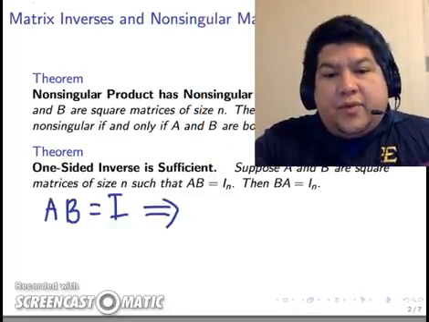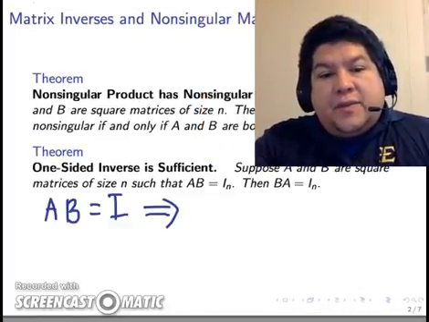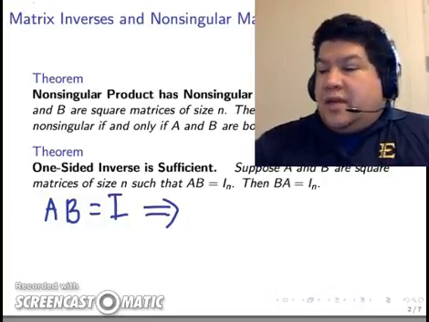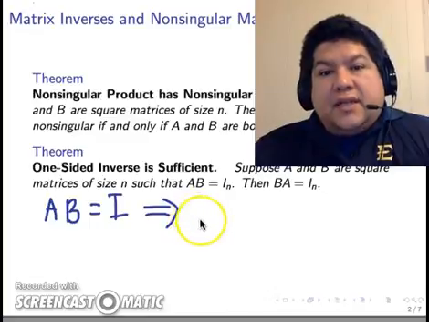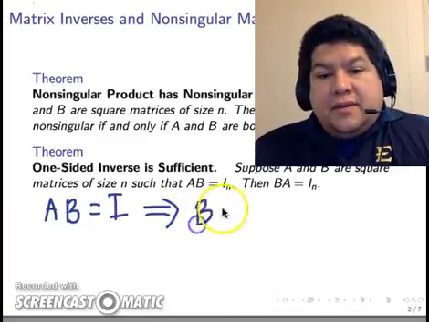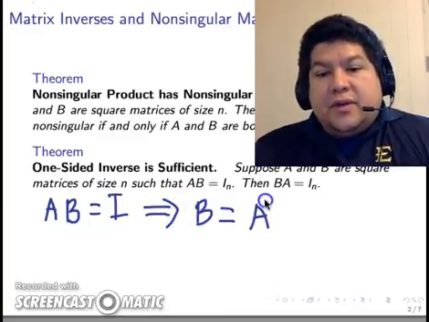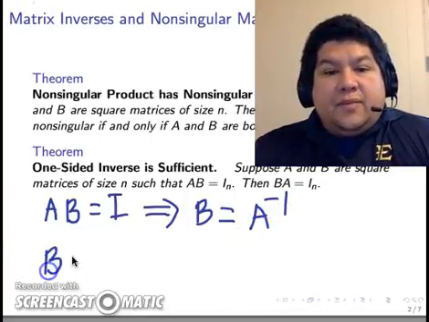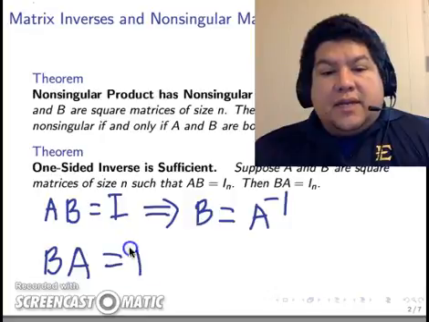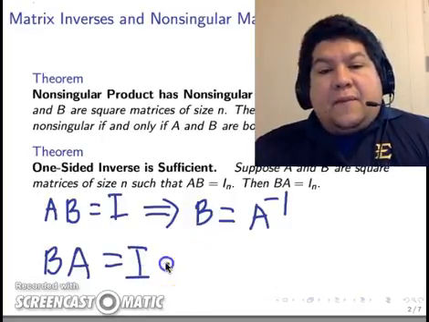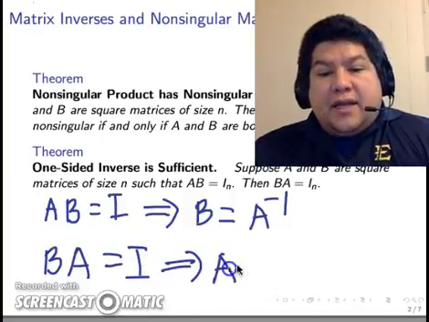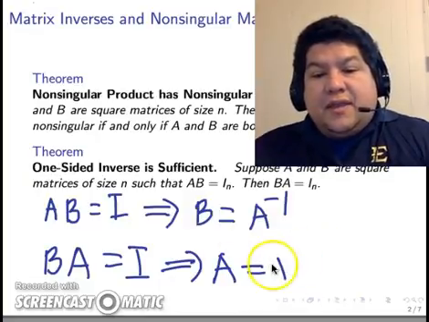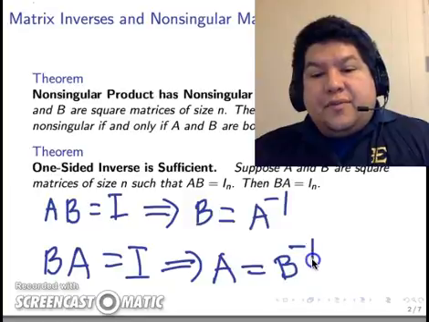So if we know that the product A times B, in other words, multiplying B on the right side of A, is equal to the identity, that implies that B is what we would call the inverse of A. On the other hand, if we have that B times A equals the identity, then that would imply that A equals the inverse of B, right?